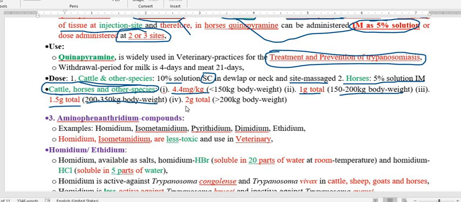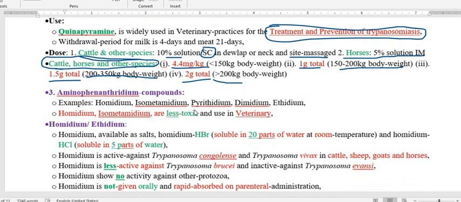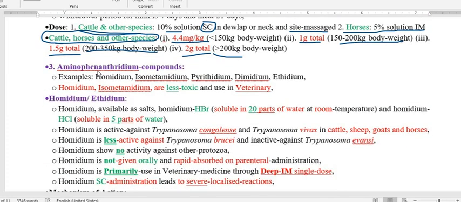For 200 to 350 kg, we use a total dose of 1.5 grams. If the weight is more than 350 kg, we use a total dose of 2 grams, not more.